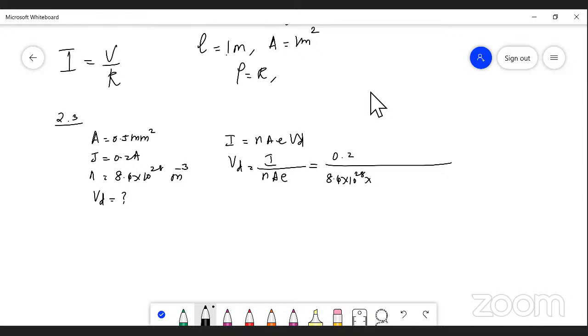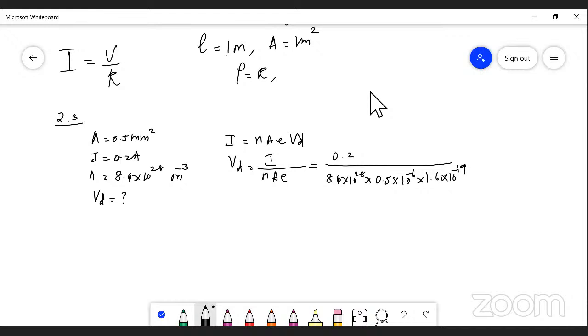Area of cross-section of the conductor is 0.5 millimeter square. Milli is 10 power minus 3, so milli square is 10 power minus 6, into e, the charge of the electron, 1.6 into 10 power minus 19.